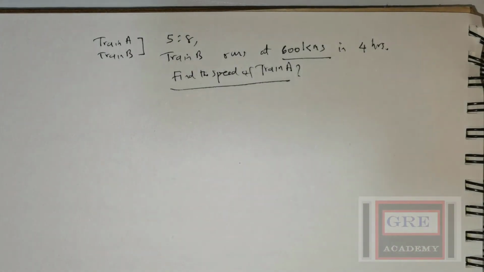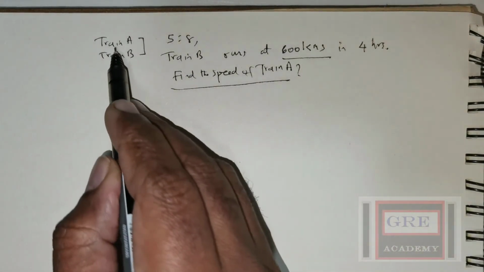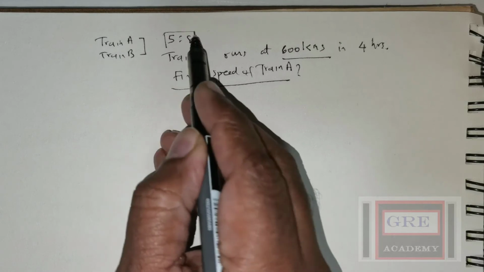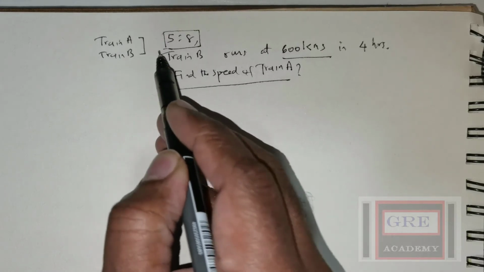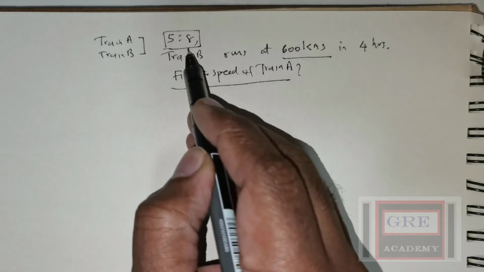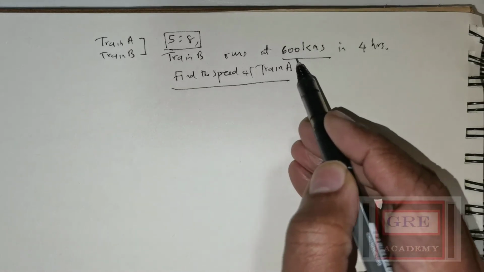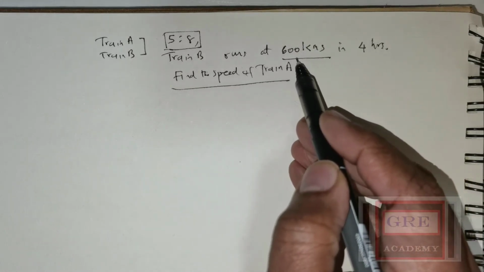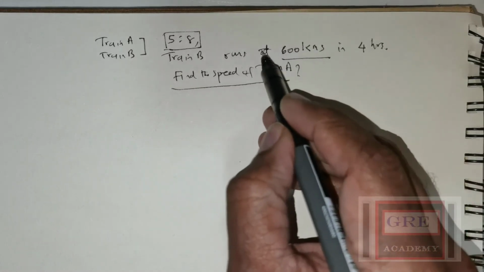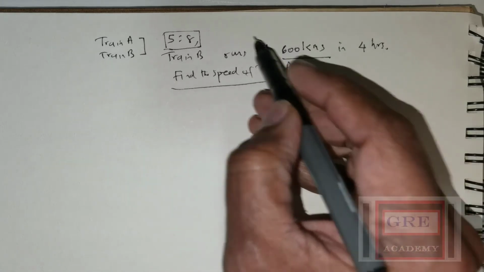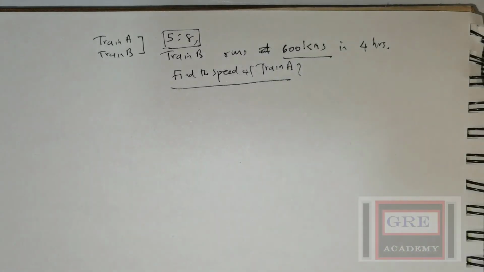So what information are we being provided with? Train A and train B, their speeds are given in the ratio 5:8. Train B covers 600 kilometers in 4 hours.